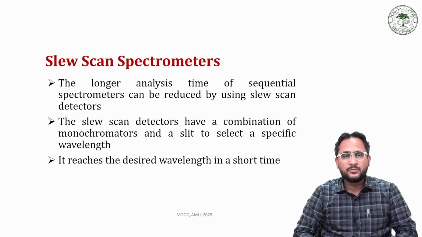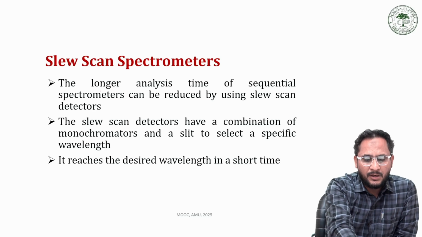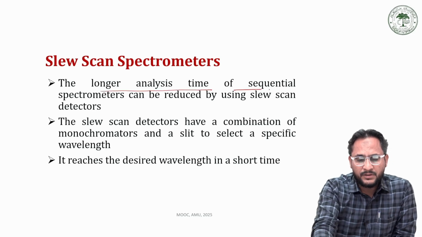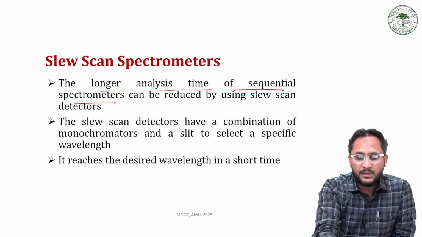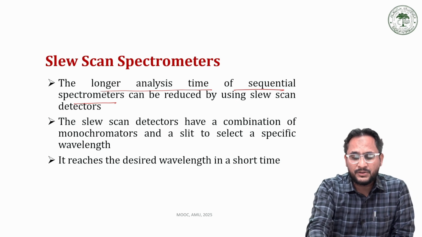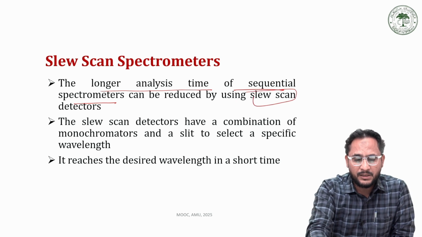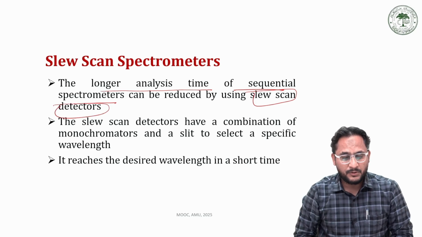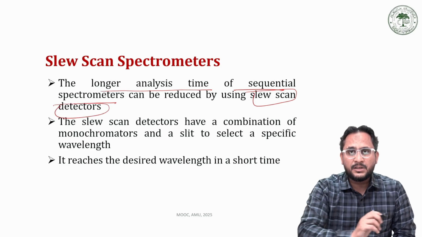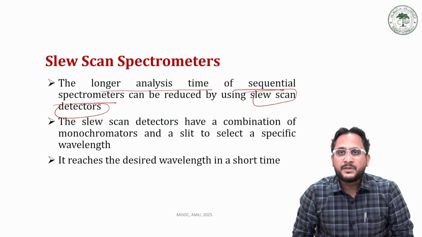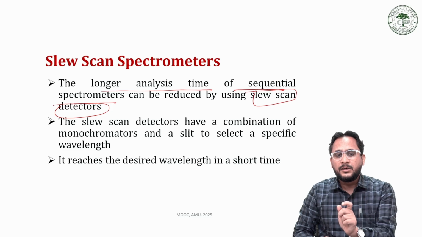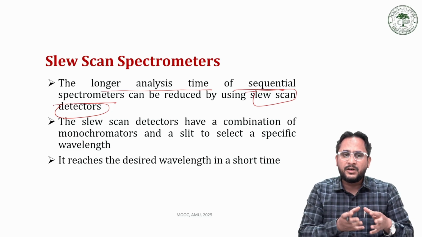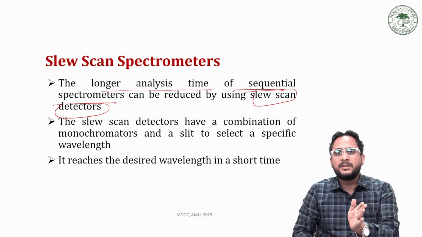These slew scan spectrometers reduce the longer analysis time of sequential spectrometers. These slew scan spectrometers have slew scan detectors that have a combination of monochromator and slit to select a specific wavelength. We already have a combination of monochromator and slit.